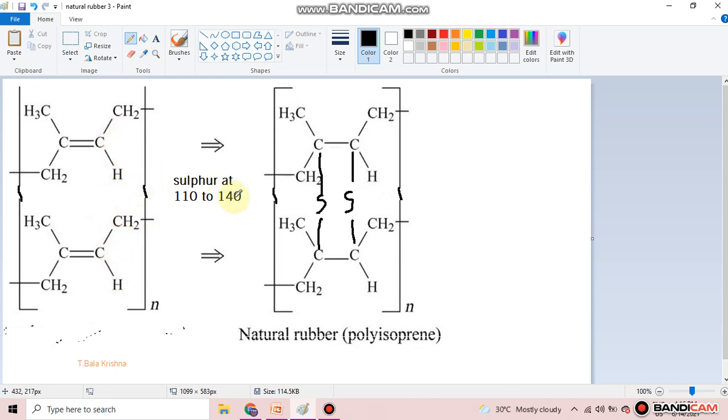When some amount of sulfur is added at 110 degrees Celsius to 140 degrees Celsius, it is converted into vulcanized rubber. When we add this sulfur, it prevents the intermolecular movement, so the elasticity of the raw rubber decreases, because raw rubber has more elasticity. If you want to convert it into useful rubber, you should vulcanize it. The character of vulcanized rubber depends upon the amount of sulfur used, the temperature of vulcanization and the duration of vulcanization.